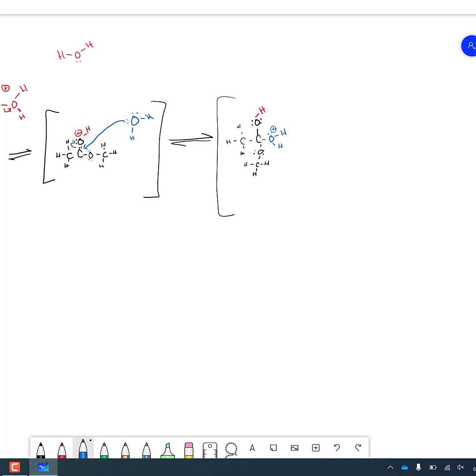So here we've got another water. And it's going to essentially attack our acid hydrogen, and those electrons are going to fold back down and recreate a double bond.